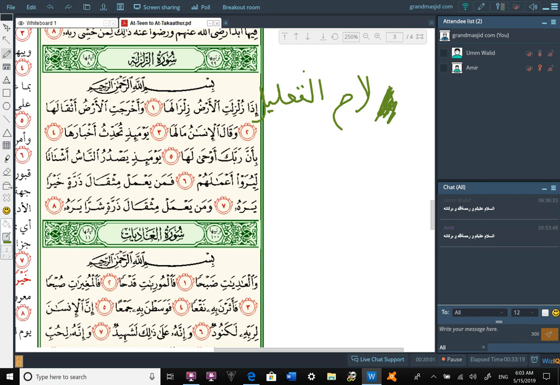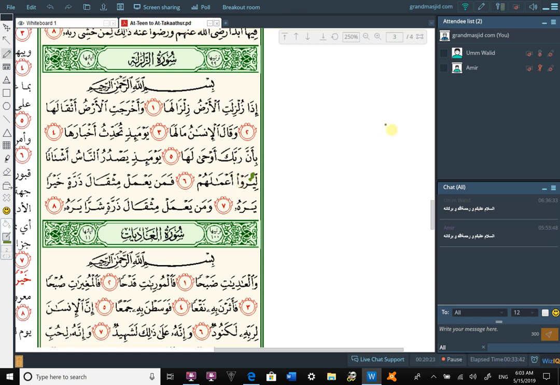Li yuraw. Again, yara, from ra'a, yara, to see. Here, yura, we can see this dhamma showing us that it is majhul. It is passive, right? And it is majzoom after this lam ta'lil.